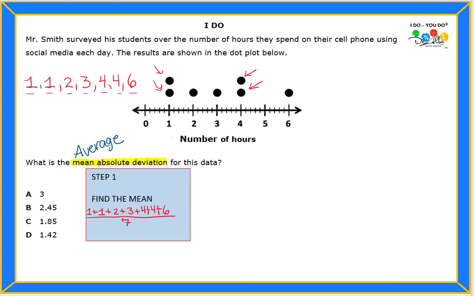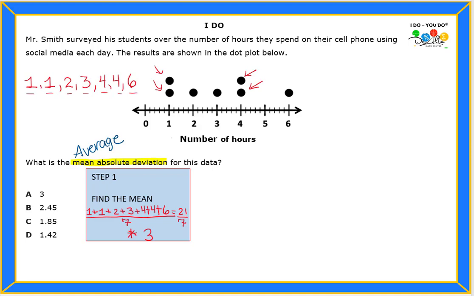So I need to get an answer for all the numbers, and that will give me a 21. And then I still need to divide by 7, right? So 21 was just the answer for the numbers on the numerator. What's 21 divided by 7? It's 3. Very good. So my average for the first part of the data is 3.